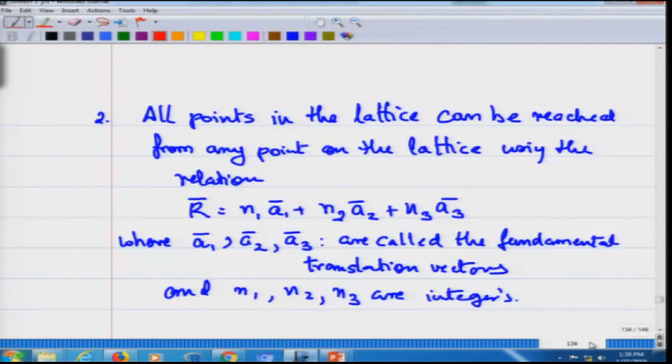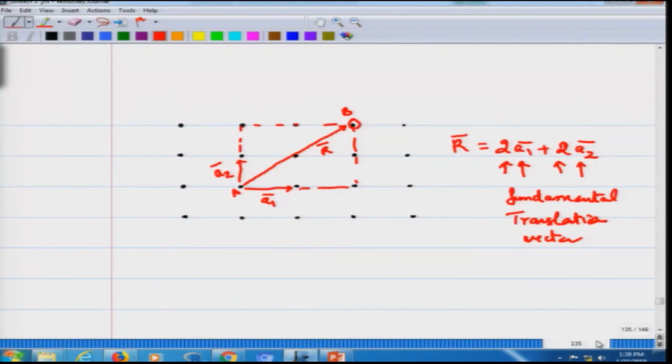The second requirement is that if you do a translation operation, which is that if you go from any point in the lattice to any other point, then these 2 points are connected by a translation vector which is of the form n1a1 plus n2a2 plus n3a3 in general for a 3-dimensional lattice.